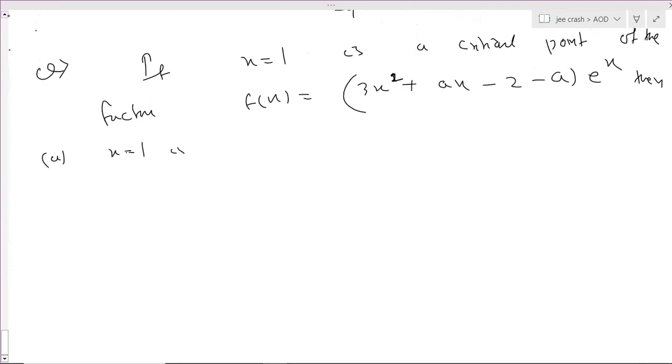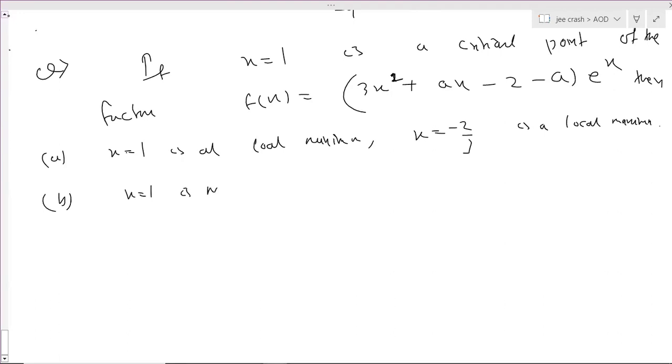X equals to 1 is a local minima. X equals to minus 2 by 3 is a local maxima. Is maxima, right? This is local maxima, and x equals to minus 2 by 3 is a local minimum.